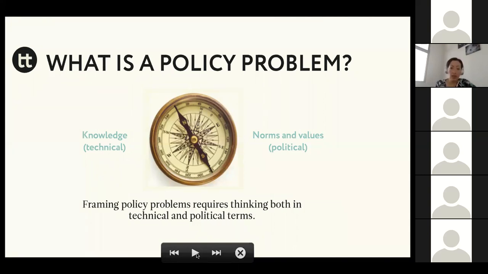This is because of the tradition of having researchers among our staff, and just our training, we're much better at understanding that part of the problems. But policy problems will always also have the normative or the political side. It is important that we consider both when we're thinking about a policy problem. That's why today we will go through a framework that helps us use both the knowledge or technical side and the political or normative side to understand policy problems.